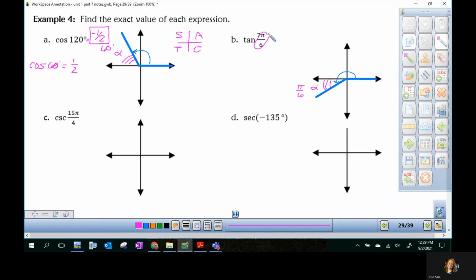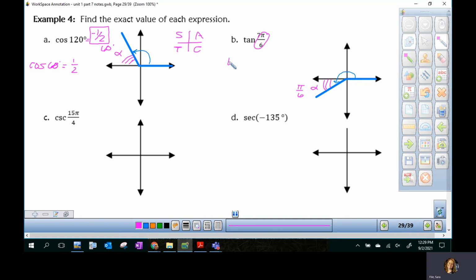Notice when we're in radians, that angle given is telling us the reference angle. That's how far from the x-axis. We're measuring in pi 6. No matter which quadrant I'm in, if my angle given is a pi 6, it's going to be a pi 6 away. But you have to know what quadrant you're in to figure out the positive or negative.